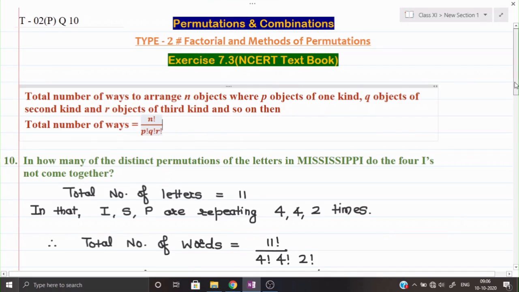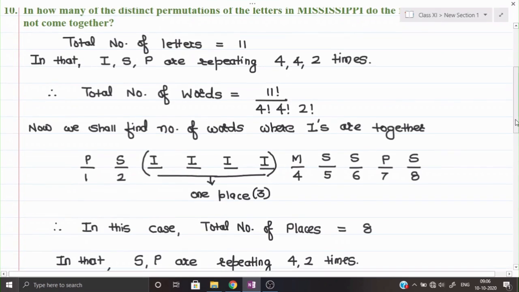All the I's are identical. Suppose I mark this as first I, second I, third I, and this is fourth I. Since they are the same, you will not find out which is first and which is second. Even if the second I goes to the first place and the first I goes to the fourth place, the arrangement will look the same, because all the I's are identical. They may be changing places internally.